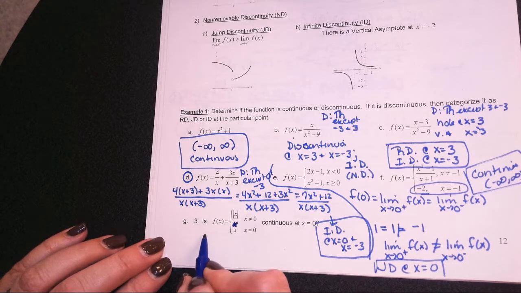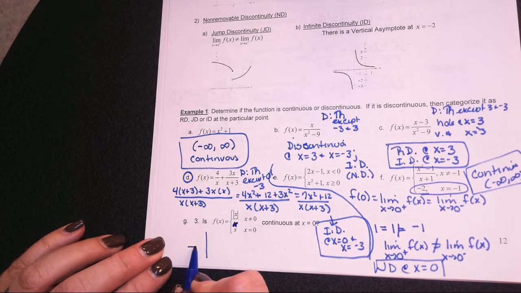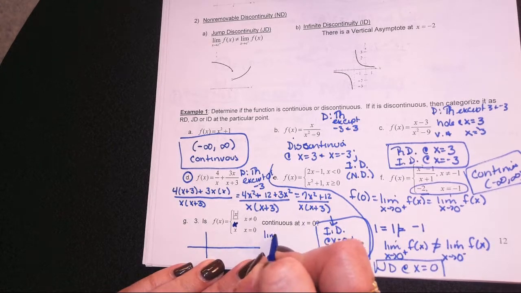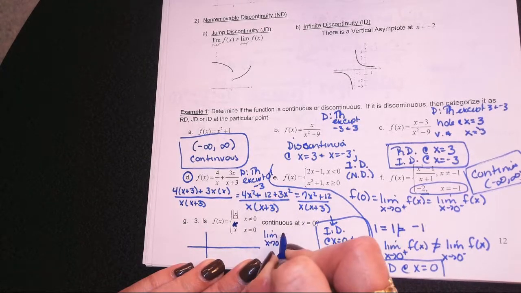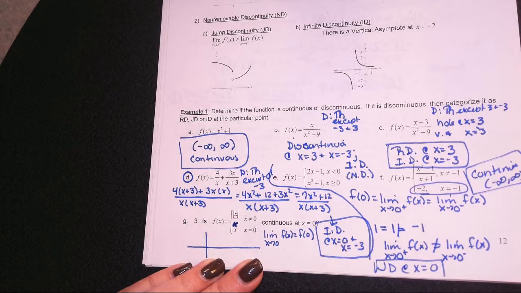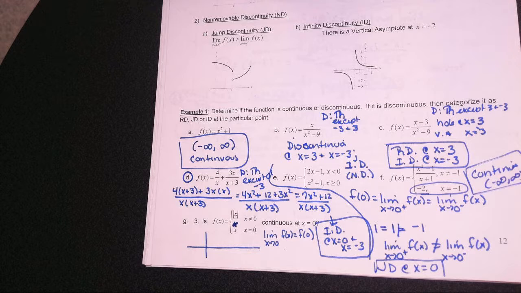Well, let's take a look at the graph. So again, what does it mean to be continuous? To be continuous, the limit as x approaches 0 of f of x has to be equal to f of 0. Those are the conditions that have to be met in order for this to be continuous.